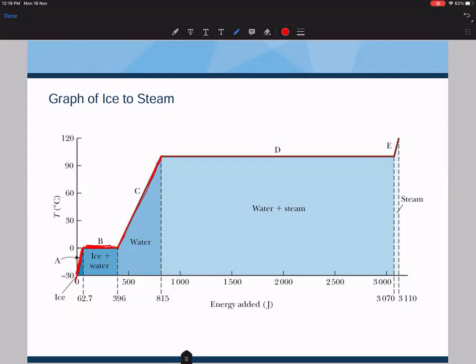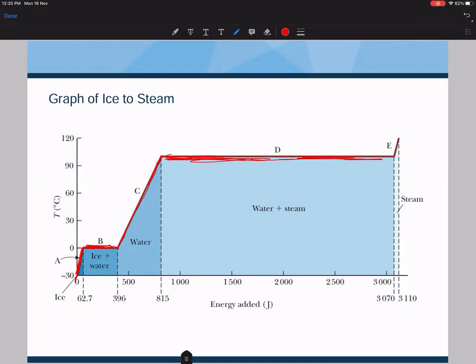At this point, the water will start to turn into steam. So the heat energy is gained by the water in the form of the latent heat of vaporization.